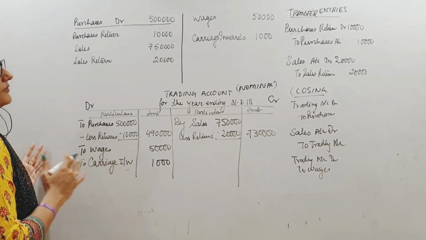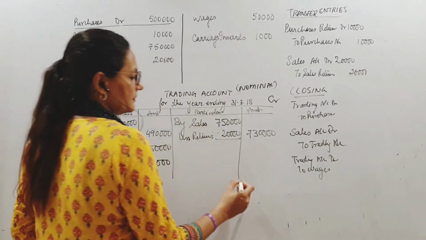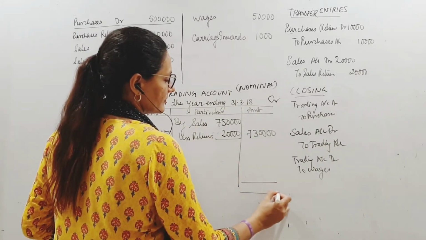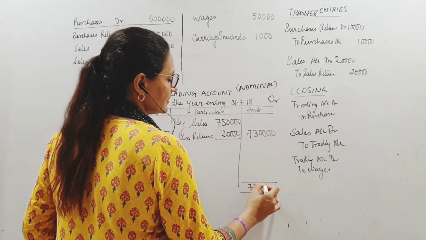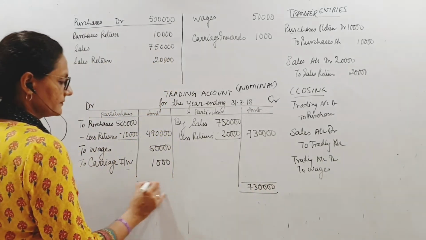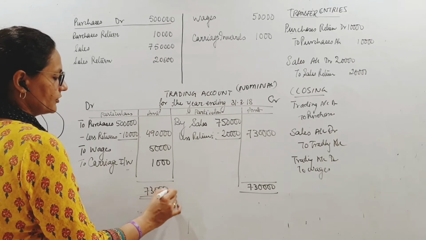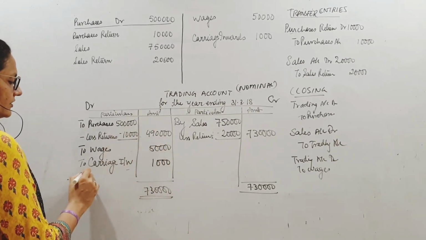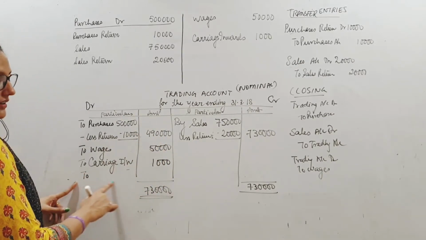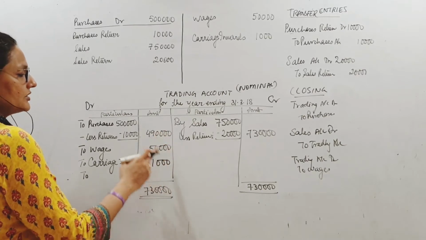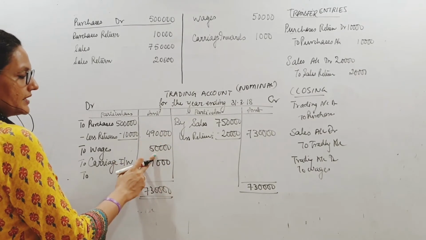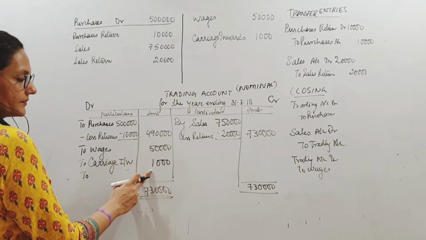Alright. And if these are the only items here, my total here is 7,30,000. If I have to make it equal, I can already see that this side is falling short. There will be a balancing figure here. So how much is this? 4,90,000 plus 51,000. Correct?